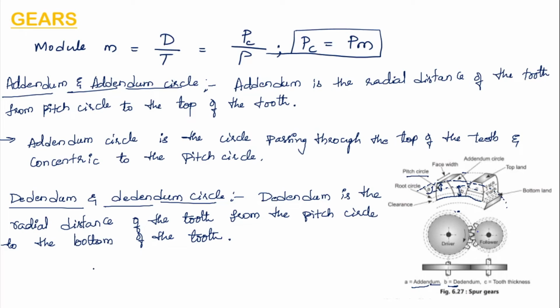Then what is dedendum circle? Dedendum circle is the circle which is passing through the bottom of the tooth and it is also concentric to the pitch circle.